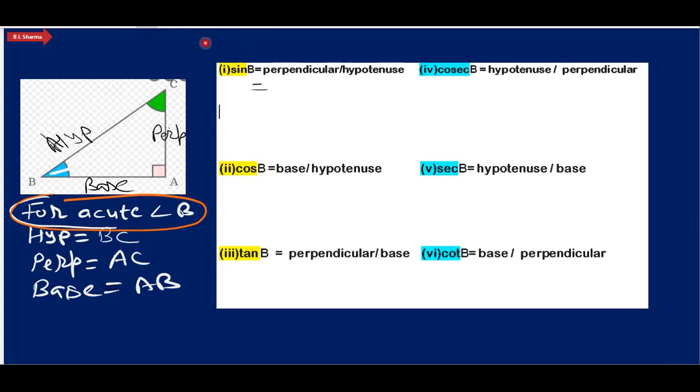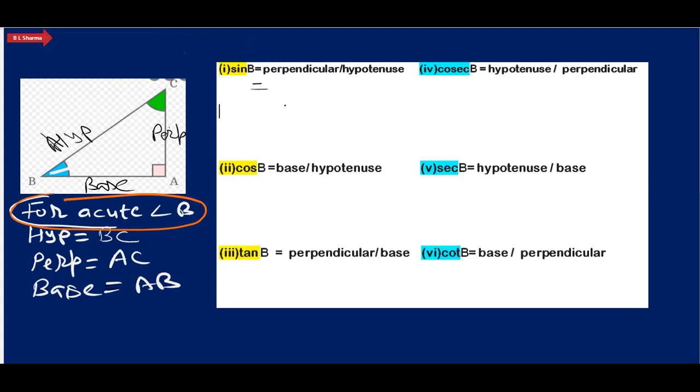Sin B is perpendicular upon hypotenuse. See here, the perpendicular is AC and the hypotenuse is BC.